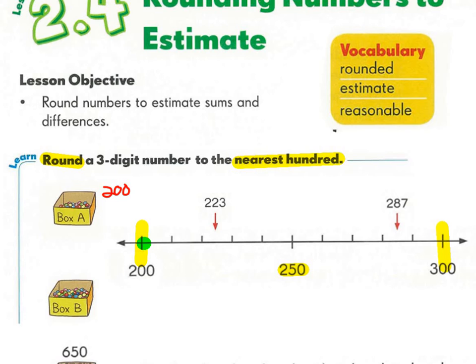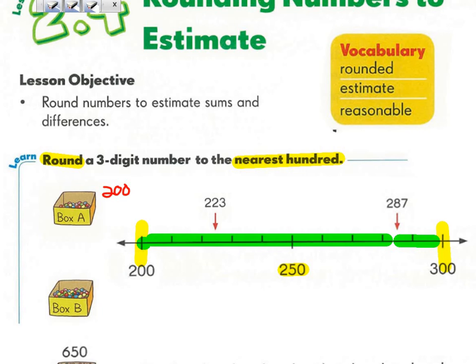Oh, and I can see now that the distance from 287 to 300 is a lot shorter than the distance from 287 to 200. So I can see that I should round 287 to 300. So in box B, there are about 300 beads.